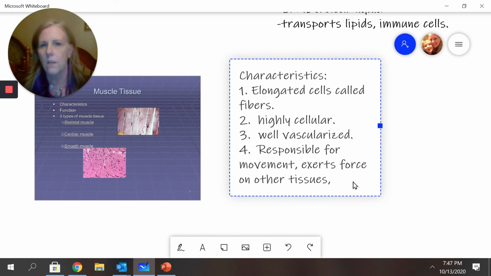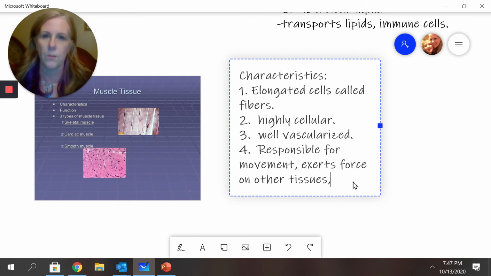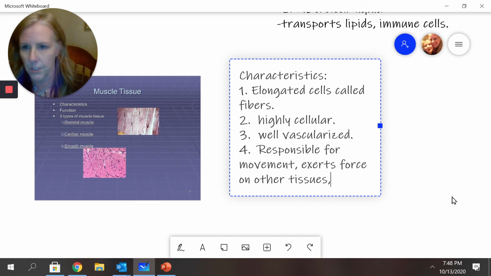I said this a little bit earlier when we were talking about the skeleton and bones, but skeletal muscles are attached to bone, and when we contract skeletal muscles, they pull on our bones, and it helps to move. So it's exerting a force onto the osseous tissue, other types of tissue. There are some other examples as well for other types of muscle tissue. This is a characteristic, and we can call this a function as well.